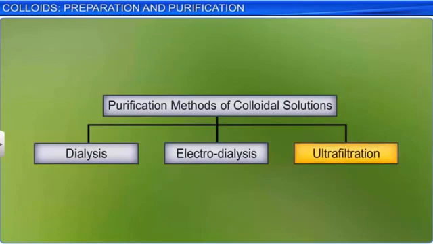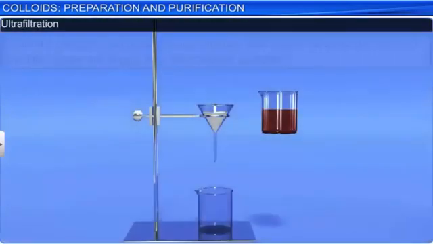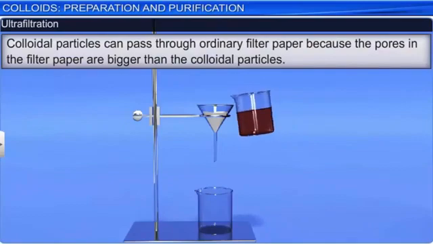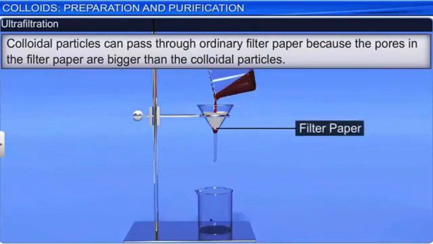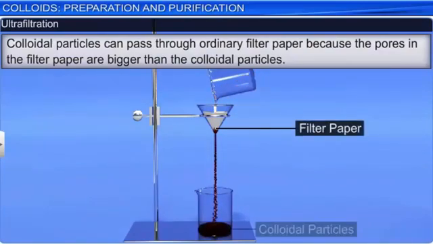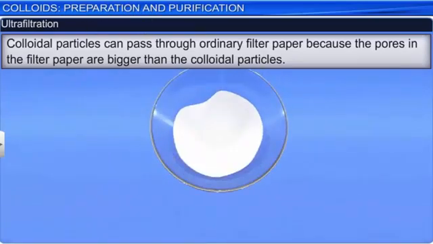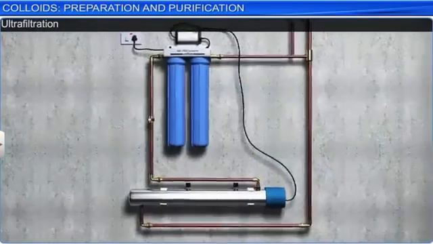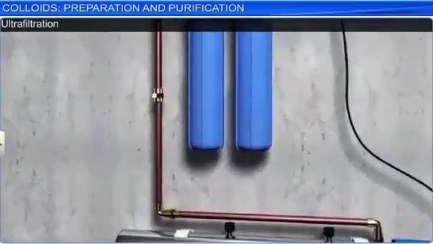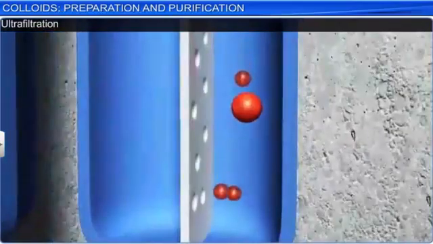It is important to note that colloidal particles can pass through ordinary filter paper because the pores in the filter paper are bigger than the colloidal particles. The separation of a solute from a colloidal system can be carried out by using an ultrafilter, which has smaller pores than an ordinary filter.